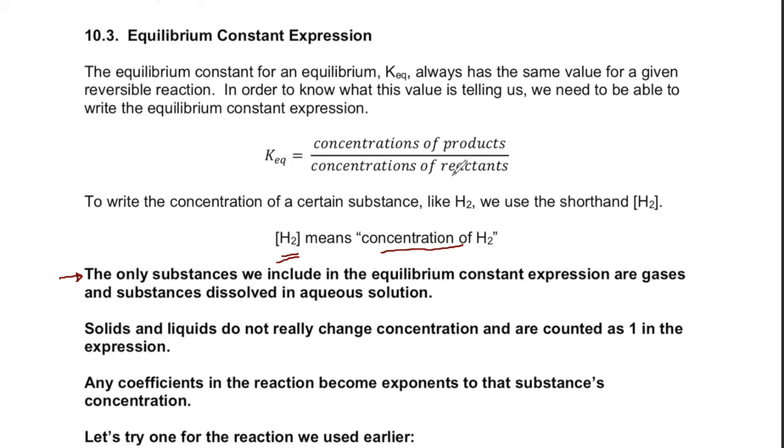So one thing to remember that might not be obvious at first is that the only products and reactants that we're going to concern ourselves with are gases and substances that are in aqueous solution. So if we see something that is G, or if we see something that is AQ, that substance has to be in the equilibrium constant expressions. If something is S or L, solid or liquid, then the concentration of that substance doesn't really change very much.